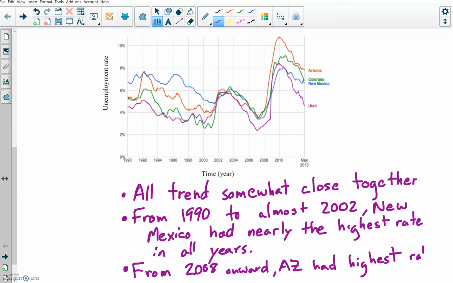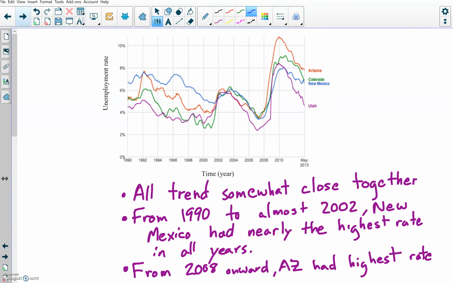If you saw some other things that make sense with what the graph is saying, that's fine. But those are the three that stood out to me when I was looking at this.